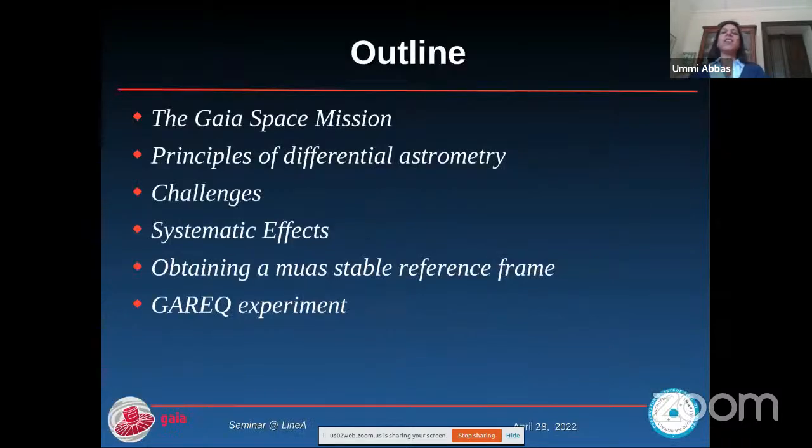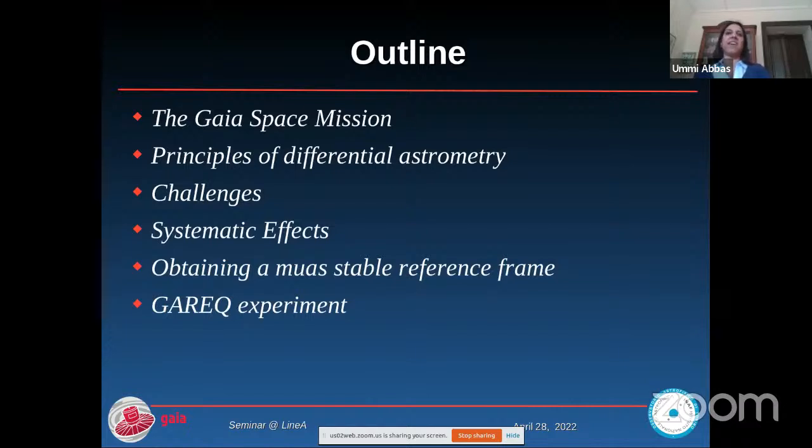Here's just a brief outline of my talk. I'd like to give a brief overview of the Gaia space mission and talk about the principles of differential astrometry. What are the challenges, especially of using global astrometry, because Gaia is optimized for global astrometry, and instead here I'll be focusing mainly on differential astrometry, which is more interesting on small scales.